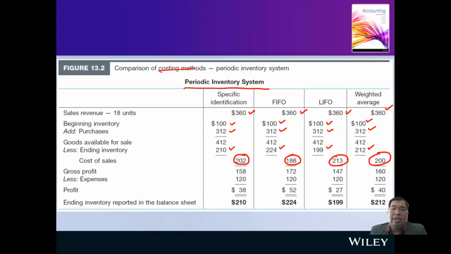This is just an example, I repeat again, of how these four methods reflect our calculation of cost of sale and profit. The sale amount is the same. The beginning inventory is the same. The purchase is the same. The difference is only the ending inventory. This is just an example. Can you see here?